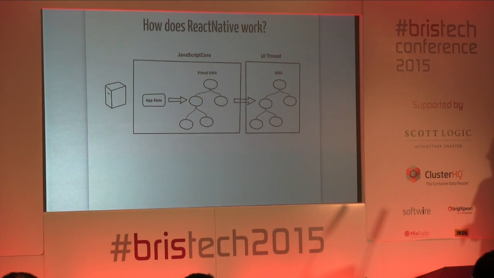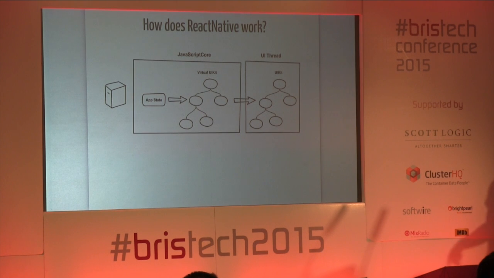So if you remember back to the idea of the pipeline, where you have your application state, it creates a virtual DOM, or a virtual visual tree, which is then diffed and updated. This is how it's working with React Native. The first thing is, in development, the application's being served up by a sort of development server. So it's a bit like your modern web development these days.